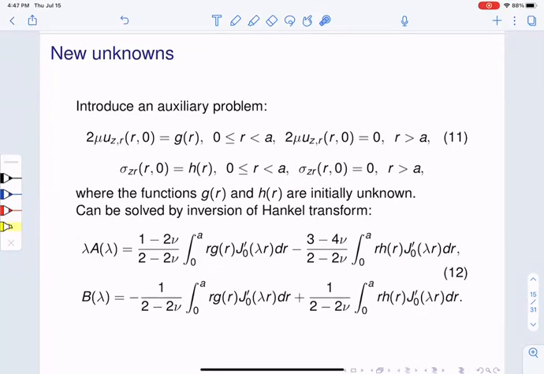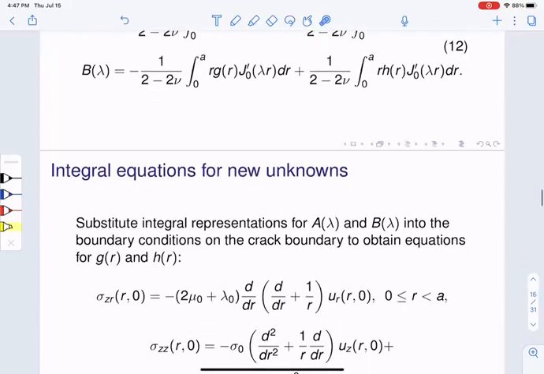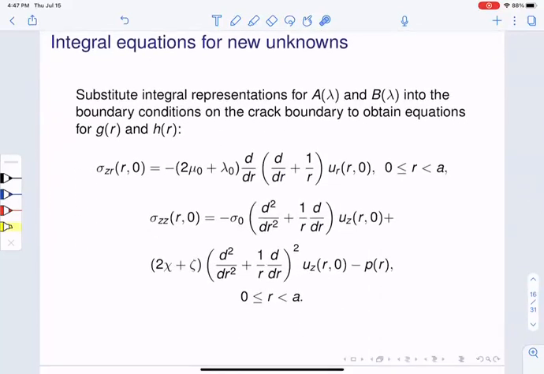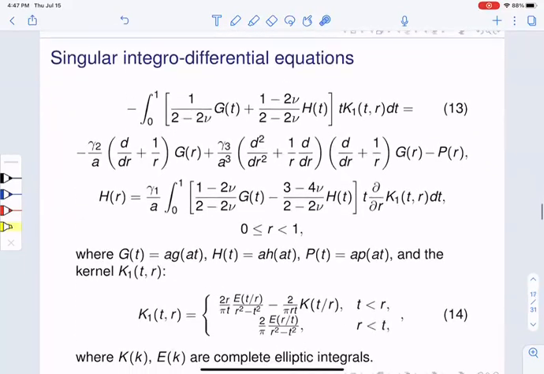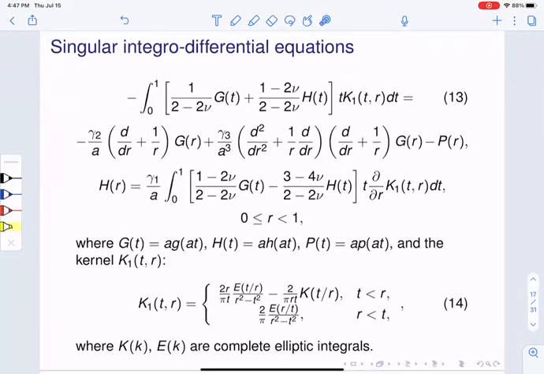So I satisfied the outside conditions, and I just need to deal with the inside conditions. I substitute these representations inside these boundary conditions, and after some manipulation, I arrive at a system of two singular integro-differential equations for the functions G and H.